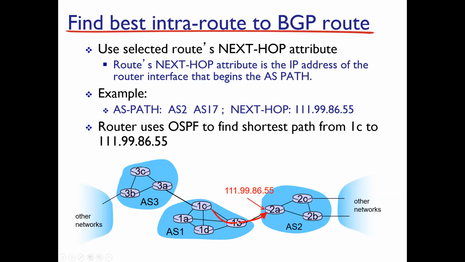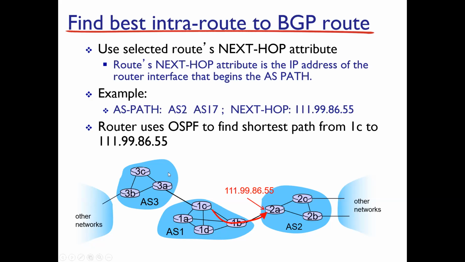Basically, you'll have information regarding that through the intra-AS protocol that is running over here, such as OSPF or RIP. Okay. So the router uses OSPF information to find the path from the router 1C to that particular destination. Okay.